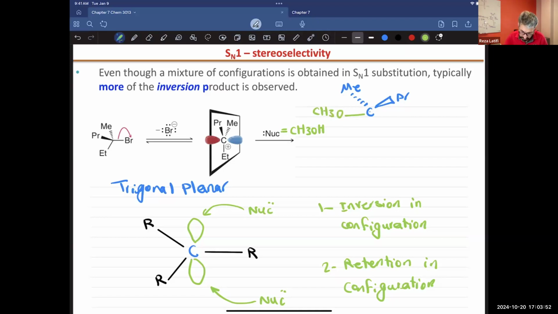And then we need to have the ethyl. I'm going to put the ethyl inside the plane, so the ethyl will be here. This is one case.